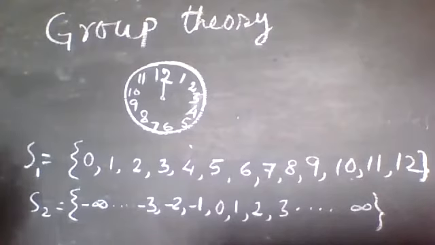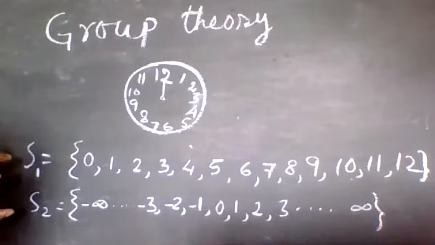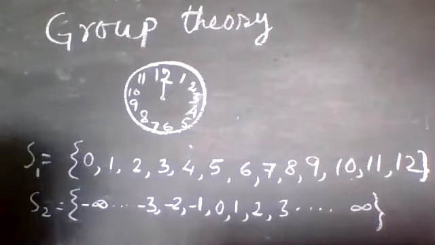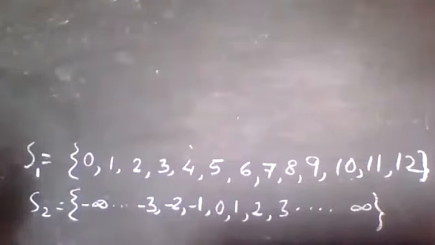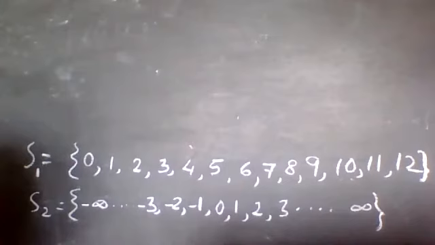That is, these sets are restricted by some rules. We will just study what are those rules. These two sets are there, and I am saying that these are examples of sets. Group. So we will see one by one what are those conditions and how they are verified using these two very special sets.